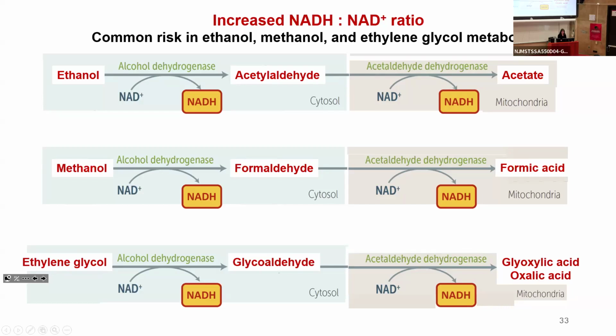In the case of methanol and ethylene glycol, it's the end products, formic acid, glyoxylic acid, and oxalic acid, that are quite toxic. But what all these pathways have in common is the generation of NADH. So there will be a lot of NADH being made.